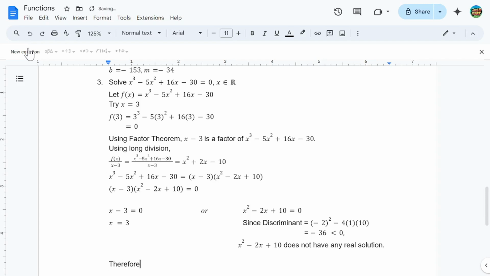Therefore, x must only be equal to 3, and this will be our final answer.